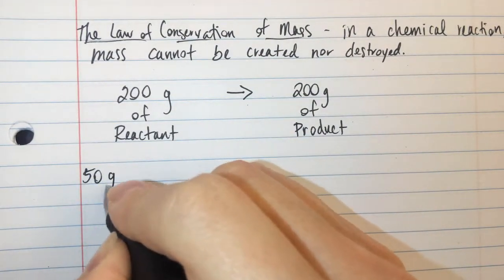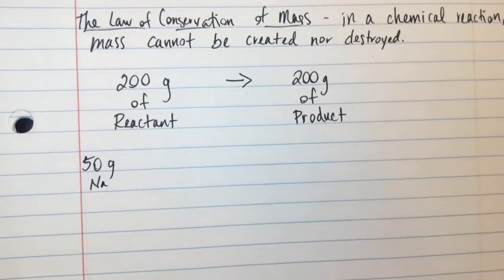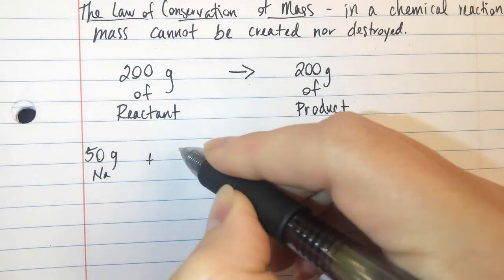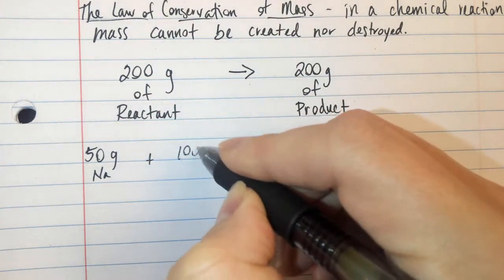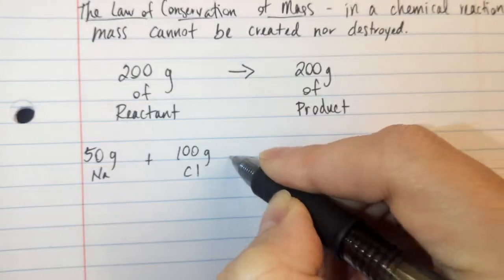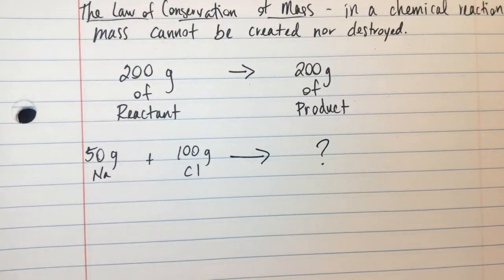You have 50 grams of sodium, and you combine that with 100 grams of chlorine. What's your product? I told you in the beginning, it's as easy as 1 plus 1 equals 2.